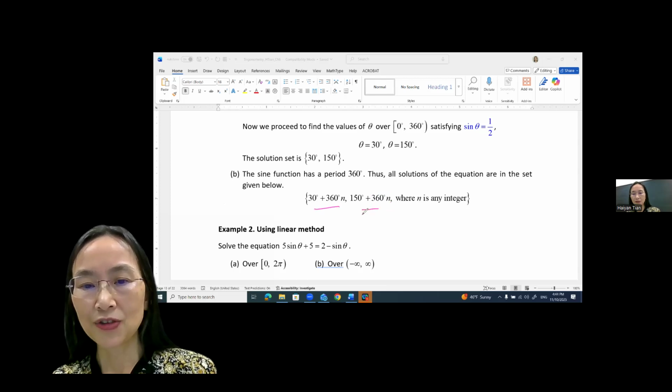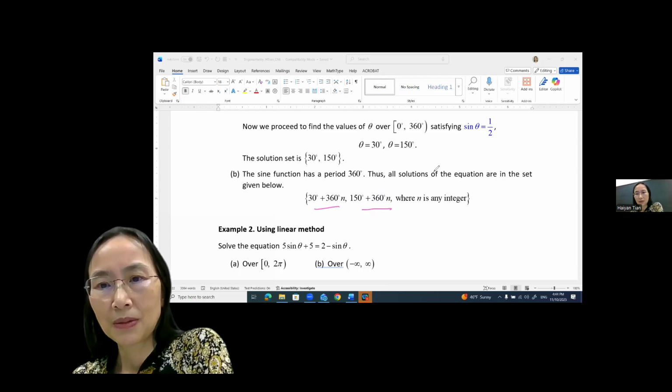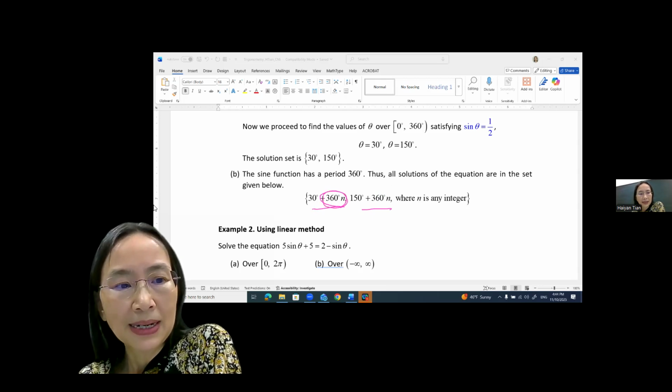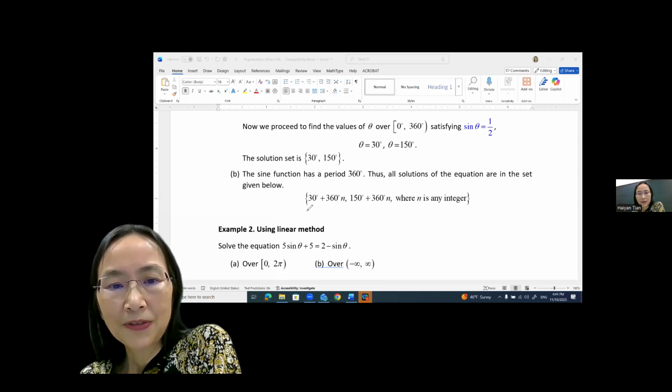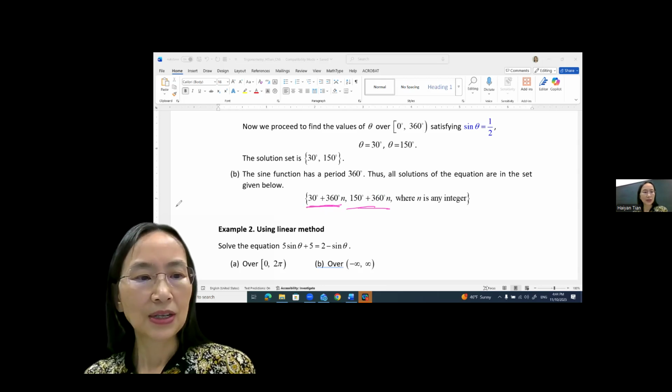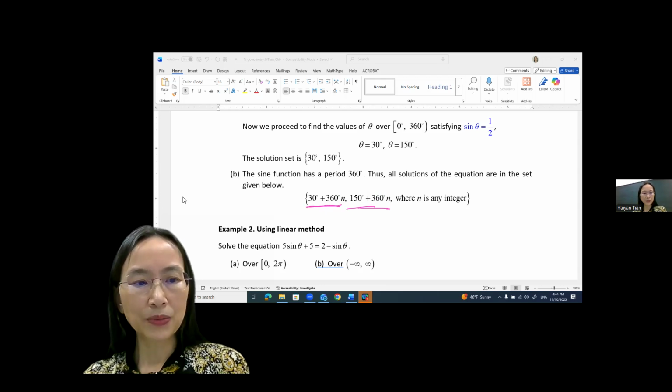The sine value will be the same if these angles share the same terminal side, right? So that's why we get all solutions this way.